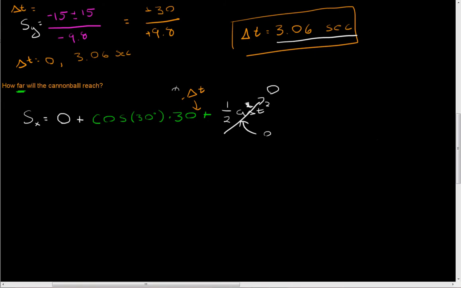So now our position function is going to be equal to cosine of 30 degrees times 30. Cosine of 30 degrees is square root of 3 over 2. If you don't remember that, you can plug it in a calculator and you'll get 0.88 something times 30.